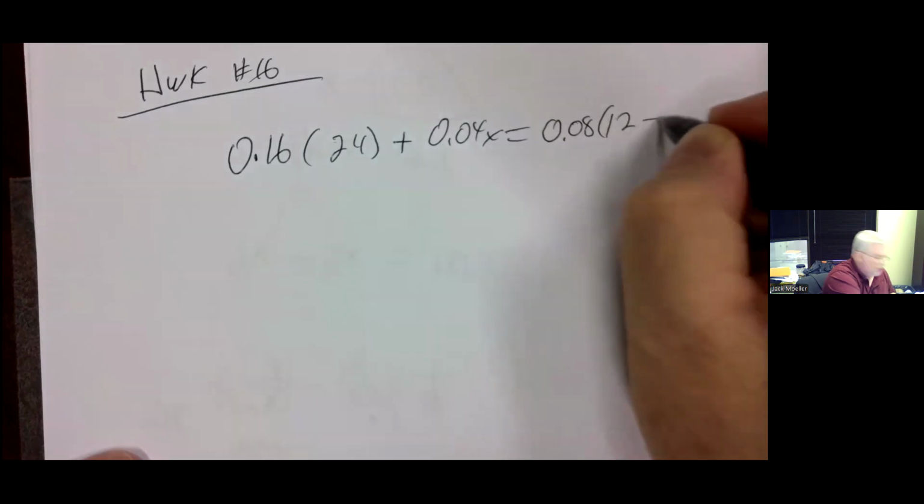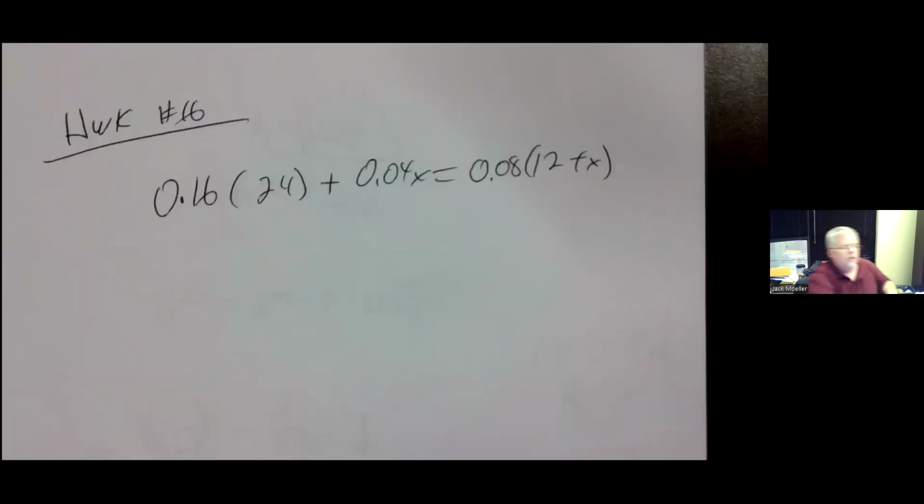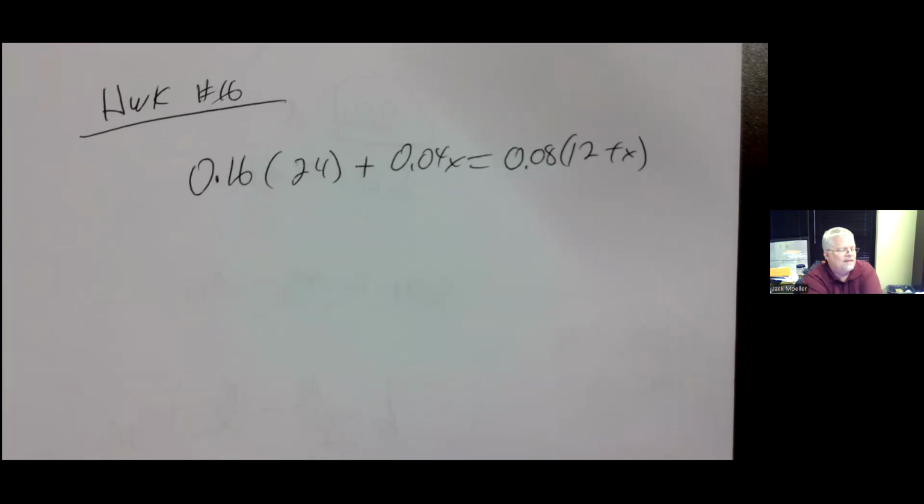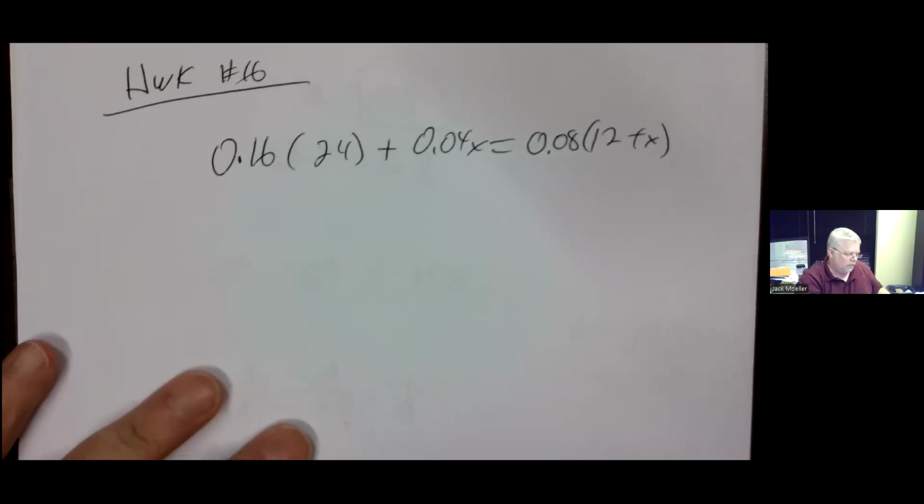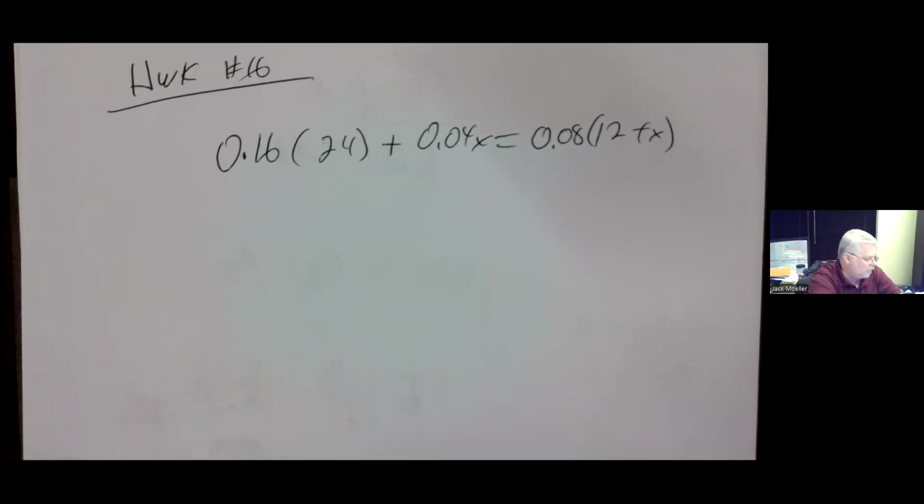All right, so this is 0.16 times 24 plus 0.04x equals 0.08 times 12 plus x. If you ever read up on stuff like this, they talk about multiplying by 100 or 1,000 or whatever to get rid of the decimals.